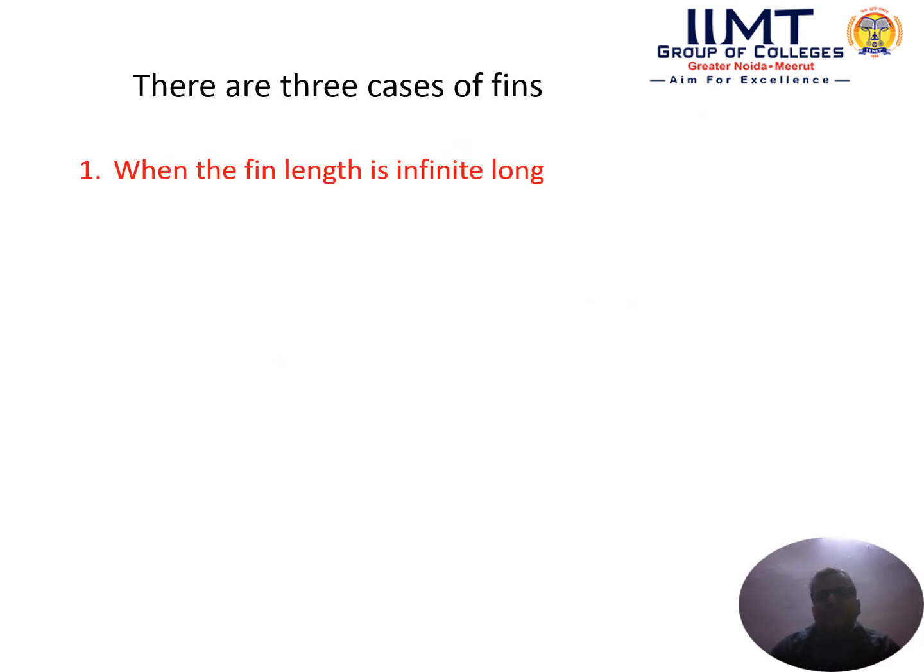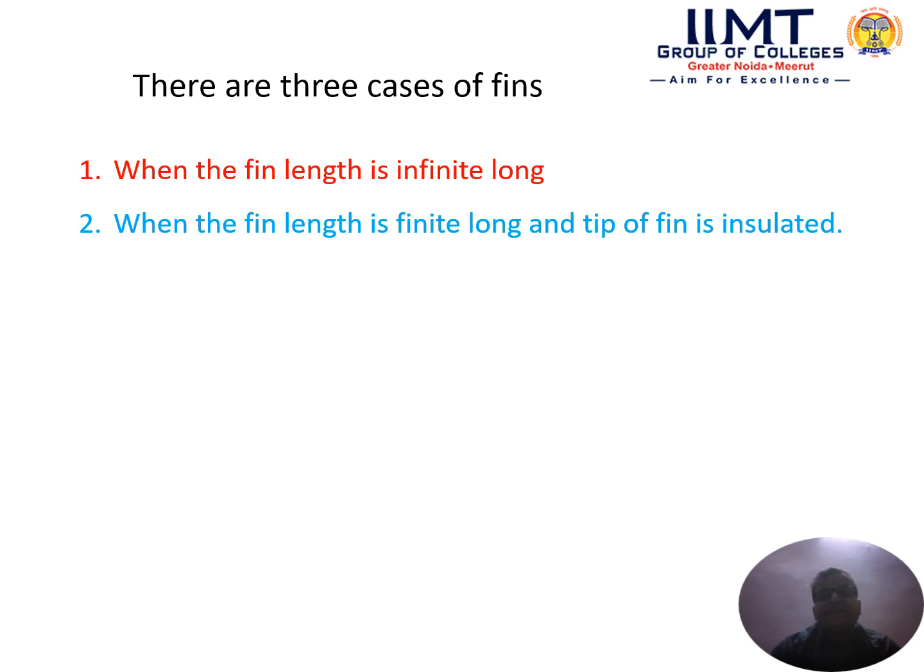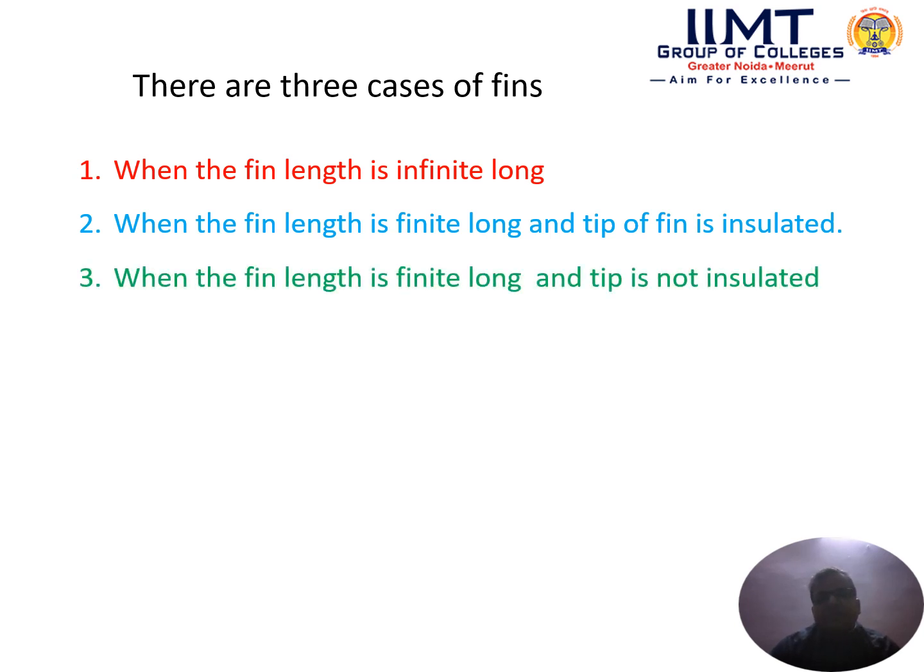There are three cases possible. Number one, when the fin length is infinitely long. Second, the fin length is finite, but the tip is insulated, so there is no heat interaction from the tip of the fin. Third, when the fin length is finite and the tip is not insulated.